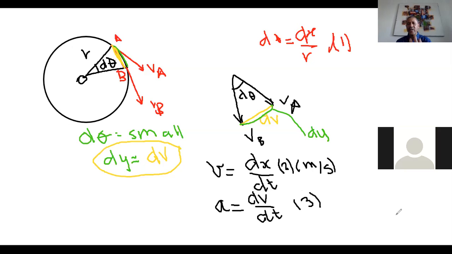I ask you to take note because I'm going to change page. So based on these 1, 2, and 3 equations, we can deduce that a is equal to v squared divided by R. I need you to do a little simple exercise by doing the method of substitution.